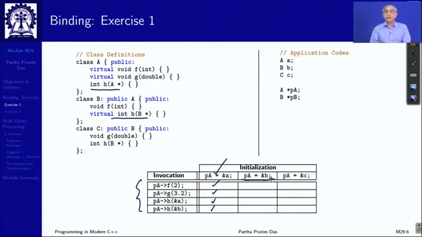Again, a different instance is if you assign PA with the address of the B object, which functions will be called and so on. So, please work this out and do not look at the answer, it is on the next slide for your verification, but first work this out and then check that you have done it correctly.